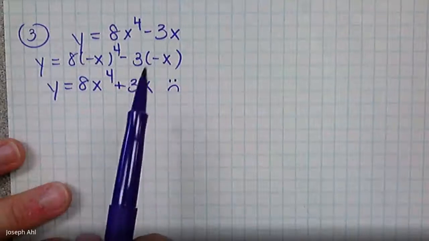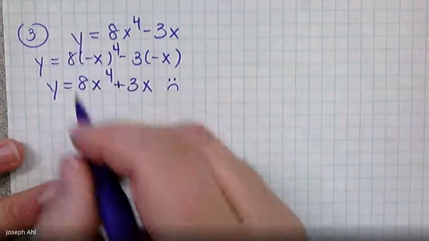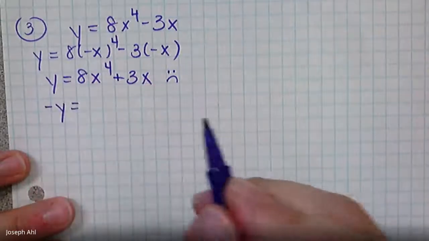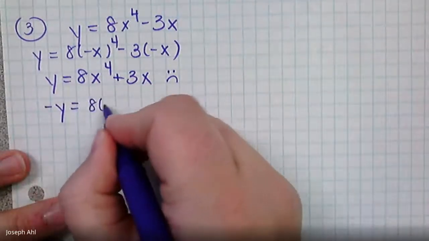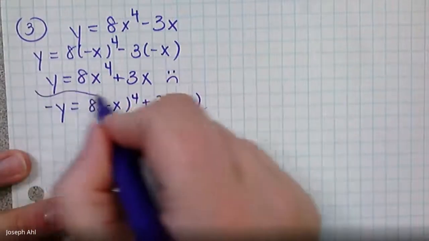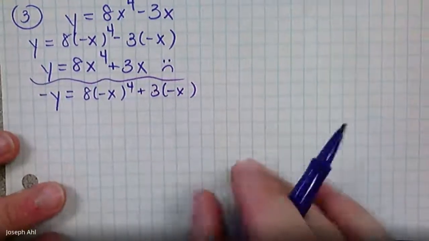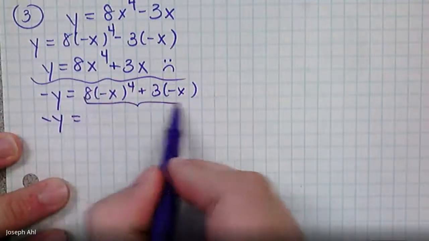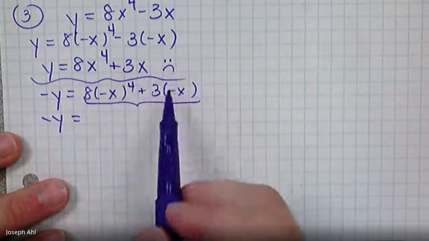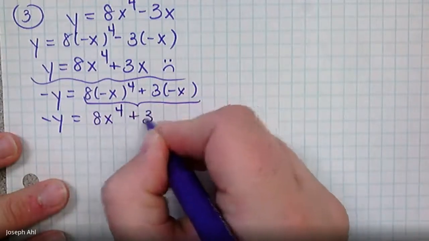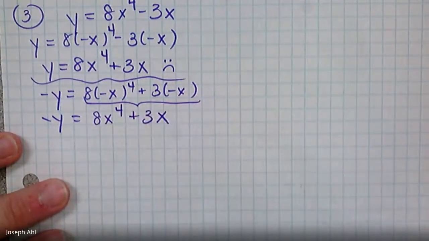If you test and you find that it's not even, you do have to go on and test to see if it's odd. So let's do negative y equals, and make sure you plug in negative x as well. Here's the test for origin. Well, we already did this a second ago, didn't we? We replaced the negative x's in there and found that it equaled 8x to the fourth plus 3x.